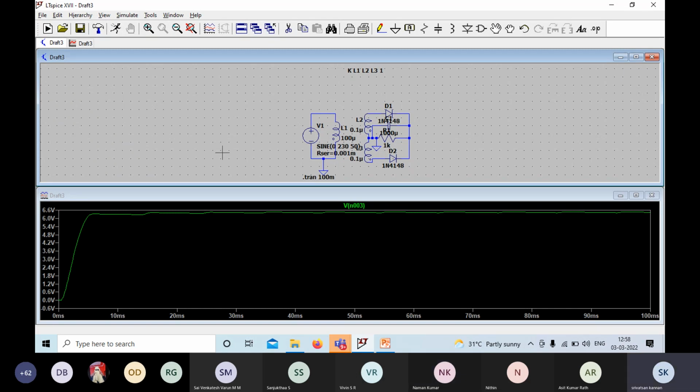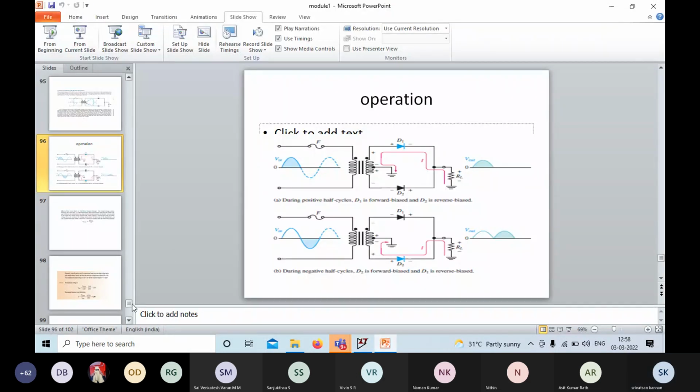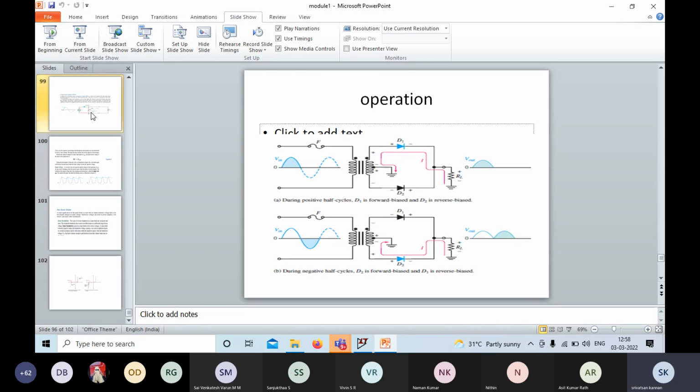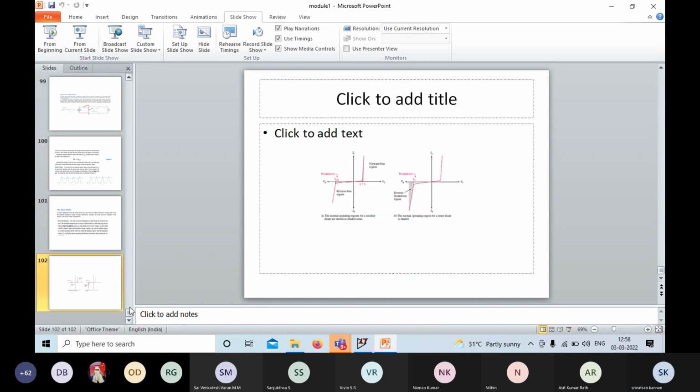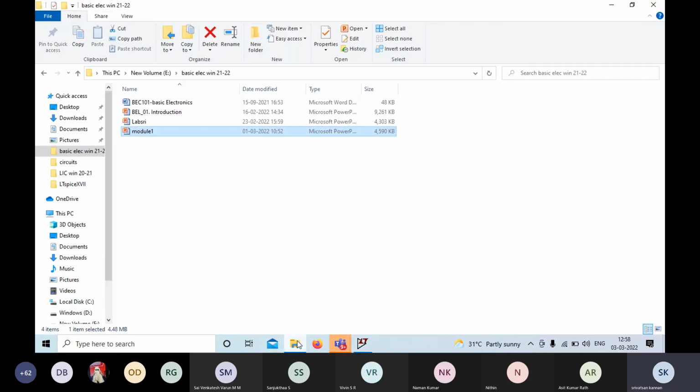So we have done the half wave rectifier and the full wave rectifier. You can also do the full wave rectifier using a bridge circuit. So I'll show you the circuit diagram of the bridge rectifier. For a bridge rectifier, you don't require a center tap transformer.